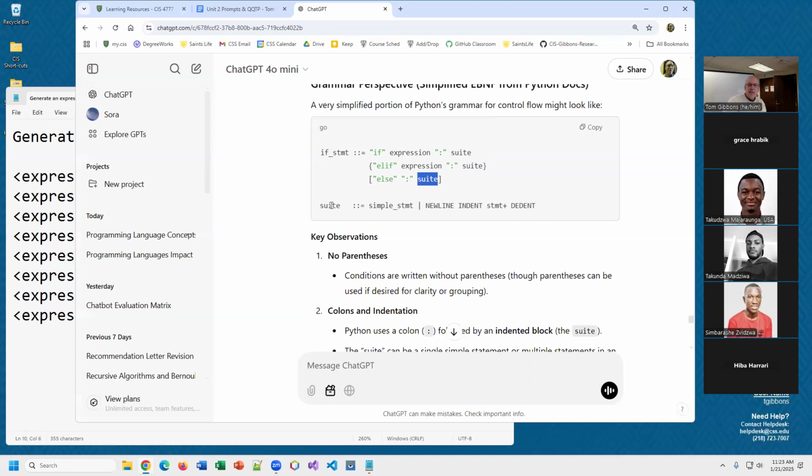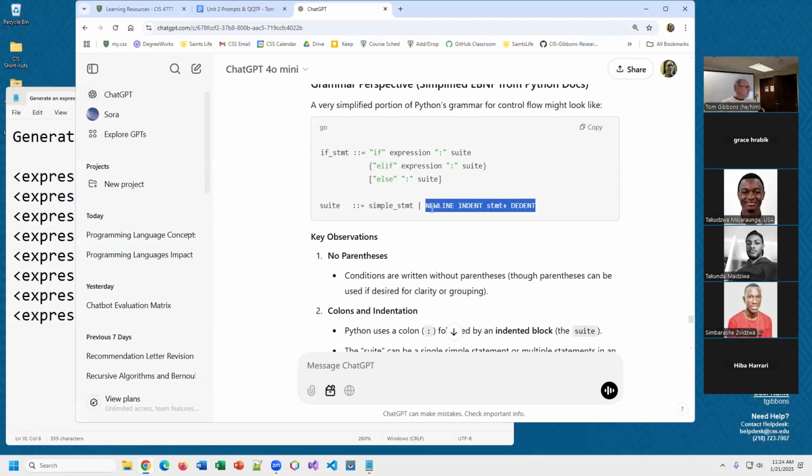What they're saying is that the suite can be a simple statement. So in Python, you don't have to put a return. You could just put a colon and the statement here. Or you could put a new line, an indent, and then a statement, plus a dedent here. I don't love this explanation.